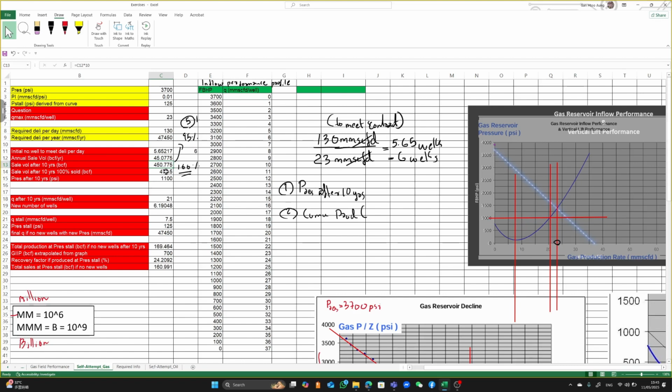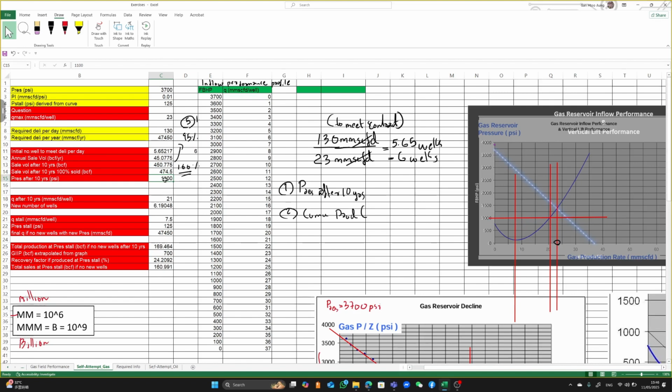So after 10 years, how do we calculate that? We have the required delivery per day of 130 million standard cubic feet. When we multiply that, we have the required delivery amount in a year. Then if we multiply this by 10 for 10 years, we get the sale volume after 10 years, considering that 100% is sold.